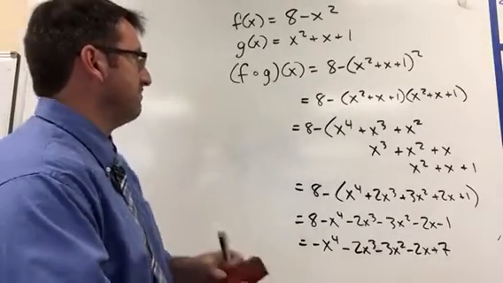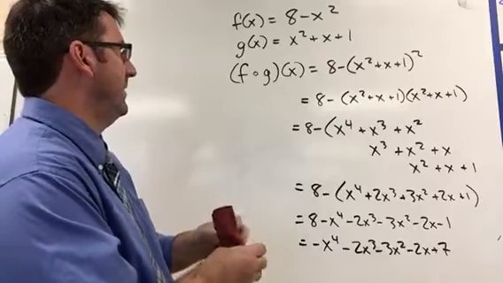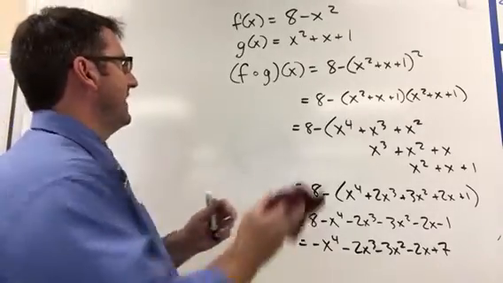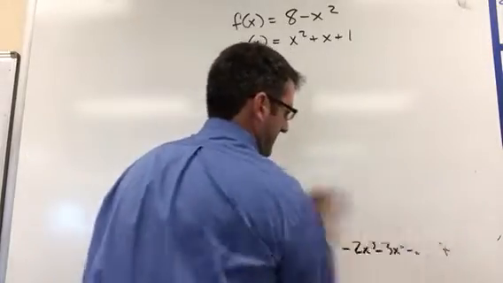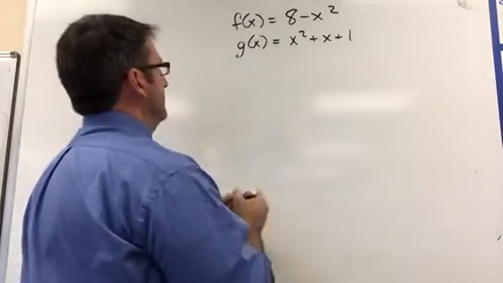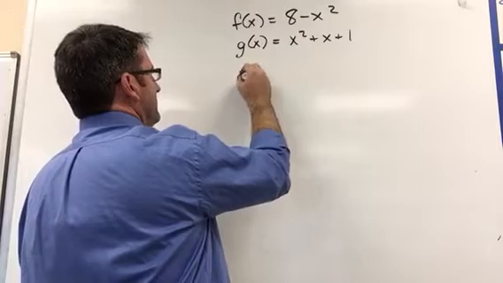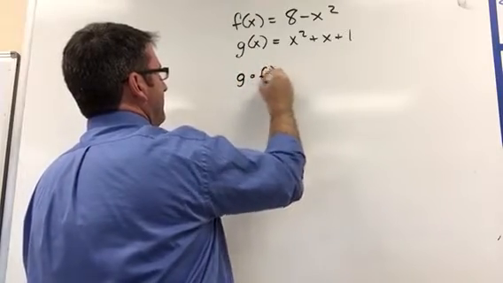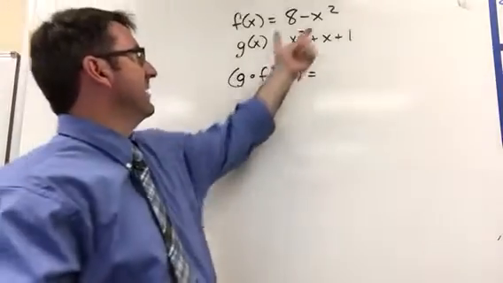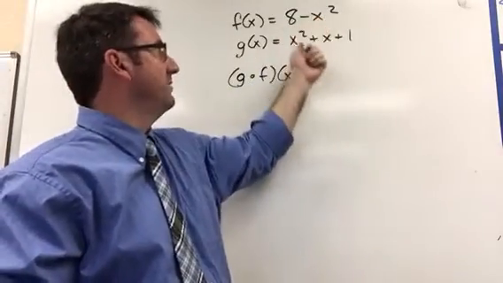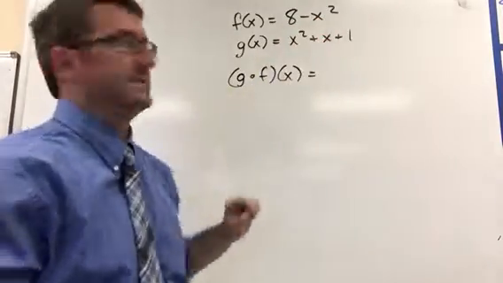All right. So now let's find g of f of x. So now we're going the other direction. We've got f of x, and we're going to plug that in for each of these x's here.